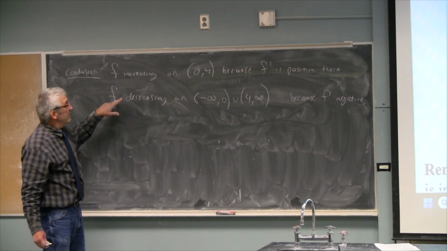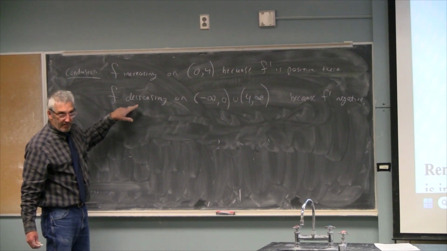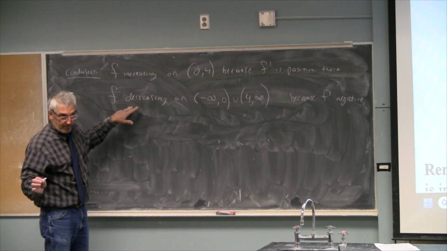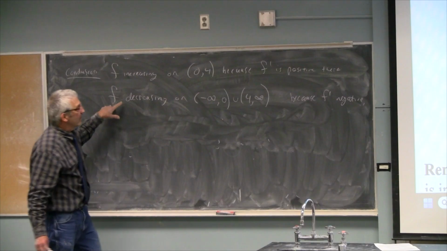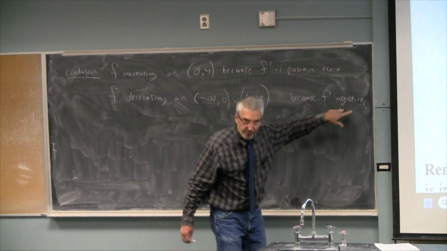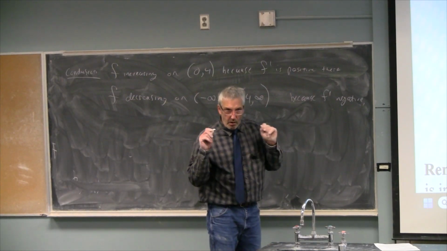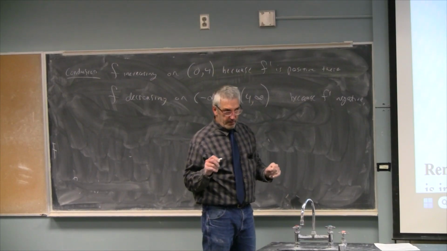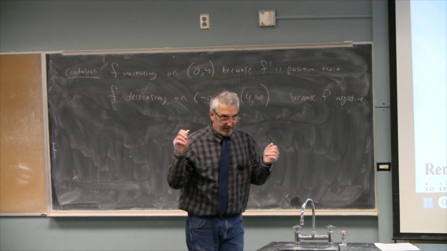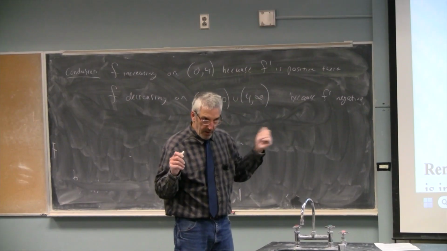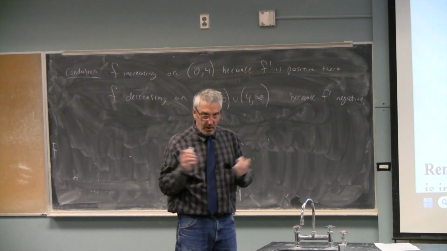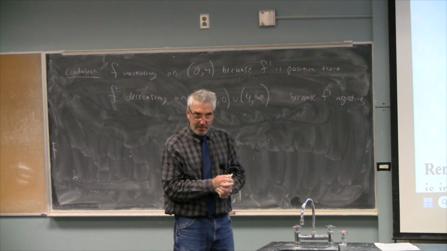So again, you don't say it's decreasing because it's negative, because that's nonsense. You say f is decreasing because f prime is negative. So you want to always say all those words to keep in your head the distinction between increasing and positive and the distinction between decreasing and negative. They mean different things.